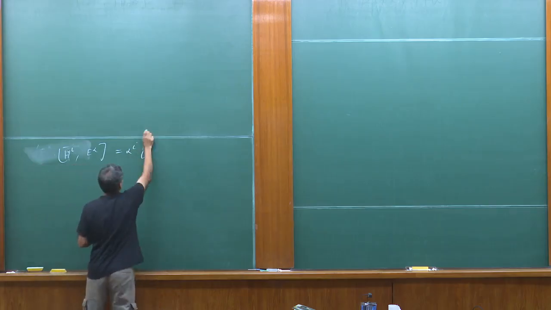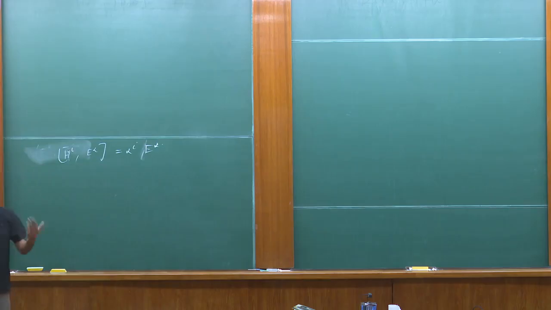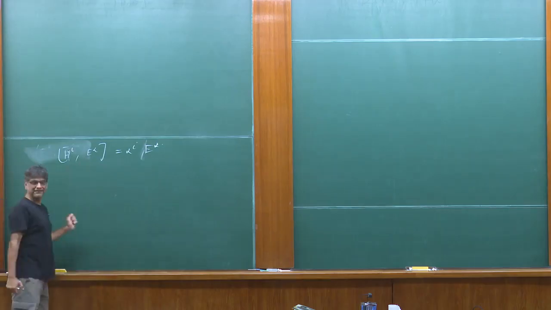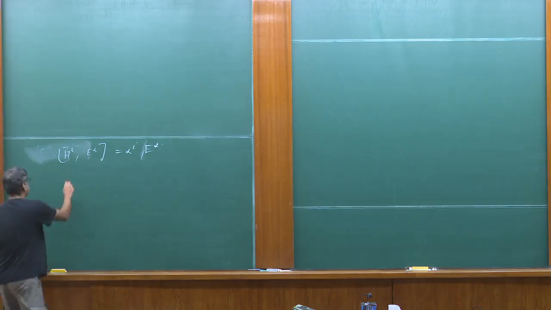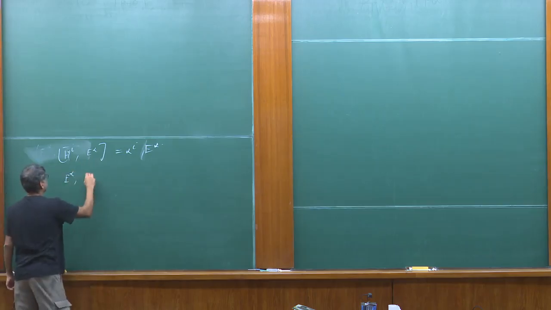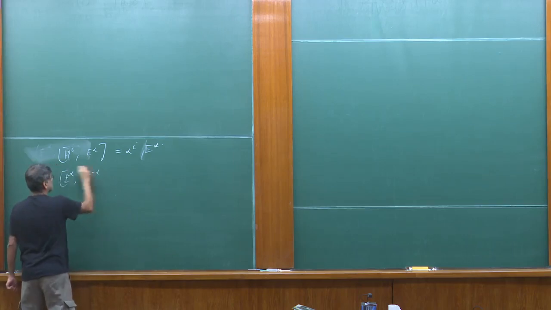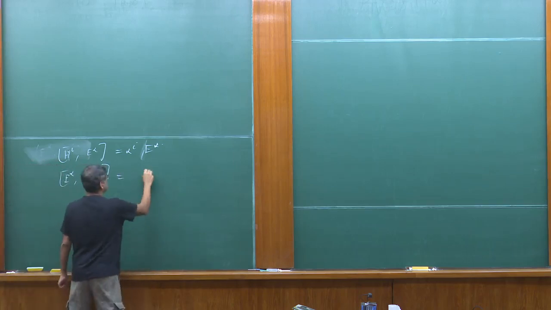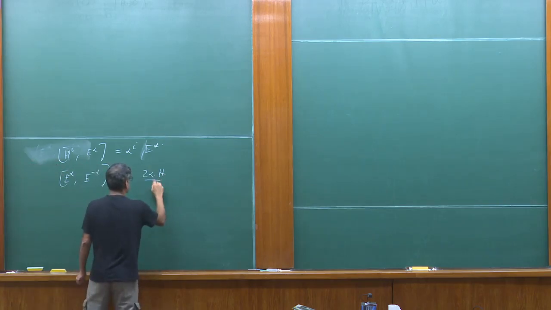This was sort of a definition of E alpha. Roots were labeled by their weight, by the eigenvalues under Hi. And we found that the commutator of E alpha and E minus alpha was equal to 2 alpha dot H by mod alpha squared.